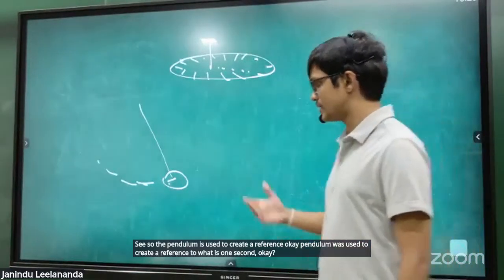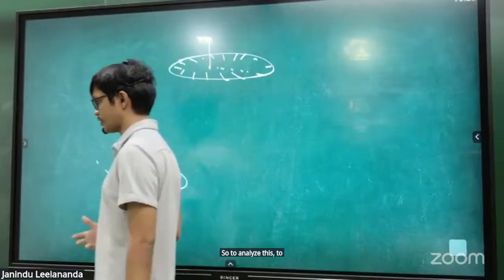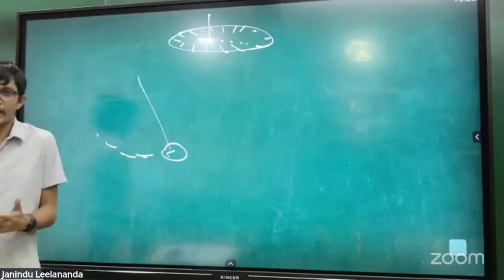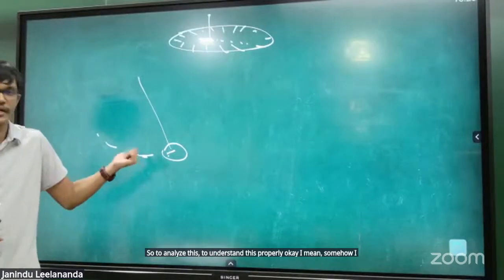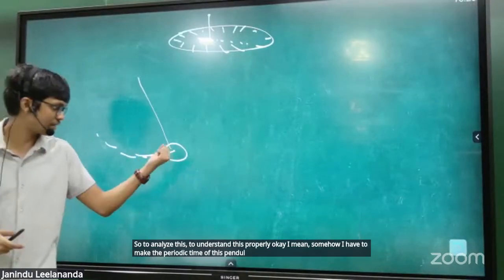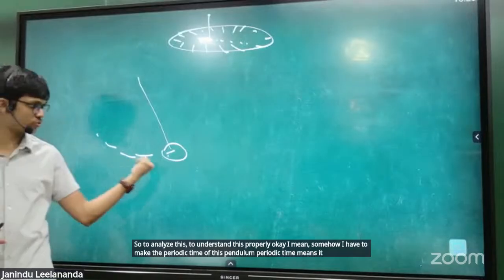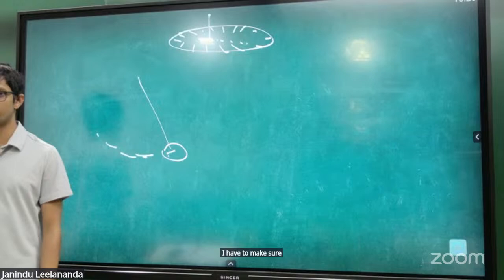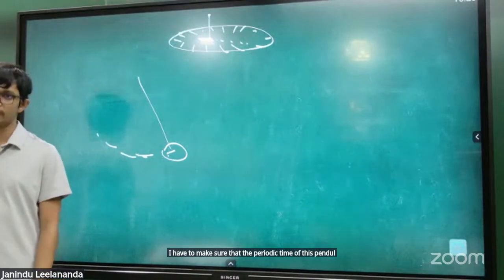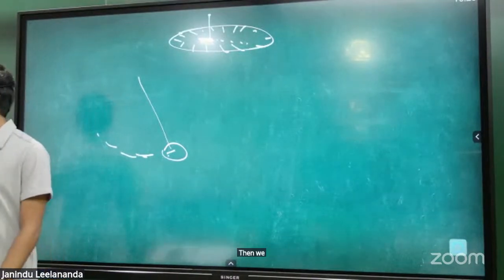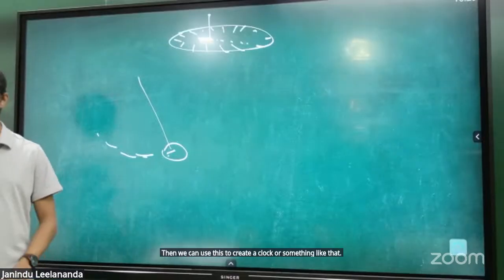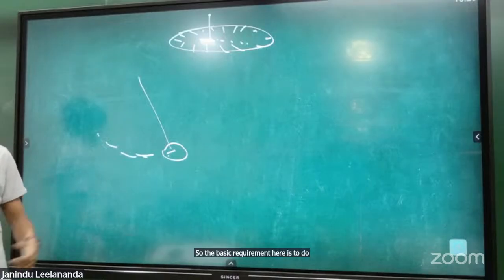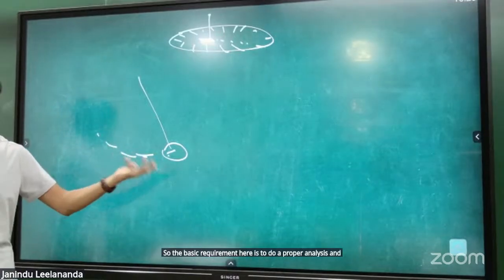To understand this properly, I have to make the periodic time of this pendulum, the time it takes to go like this and return to the same place, equal to 1 second. Then we can use this to create a clock. So the basic requirement is to do a proper analysis and find an equation for this motion.